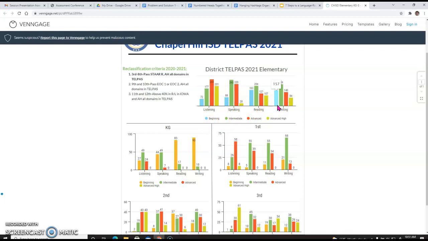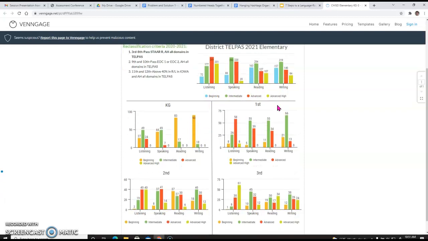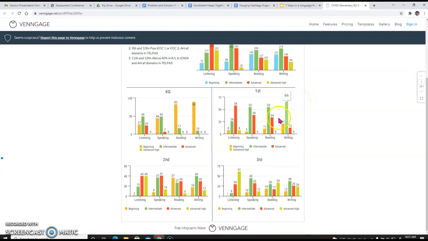Now for kindergarten and 1st grade, this is something that's common because the students are just starting to begin to develop language. But as they move throughout the different grade levels, if you notice, we still have a predominant number of students that are either at an intermediate level, or they are at an advanced level, which is that red.